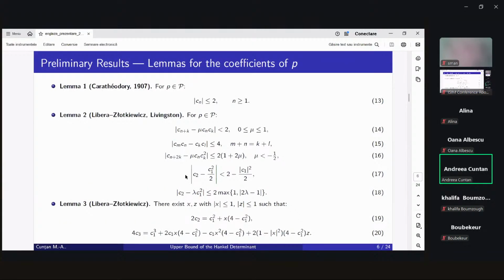Lemma 1, Carathéodory: for p belonging to class P, in the next relation. Lemma 2, Libera and Złotkiewicz, in the next relation. Lemma 3, Libera and Złotkiewicz, in the next relation.